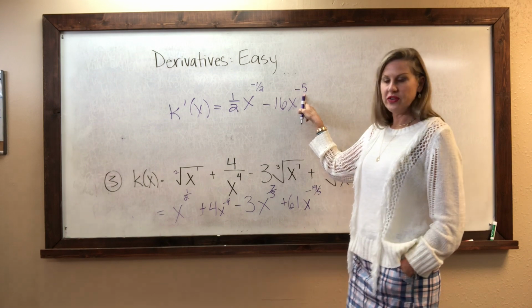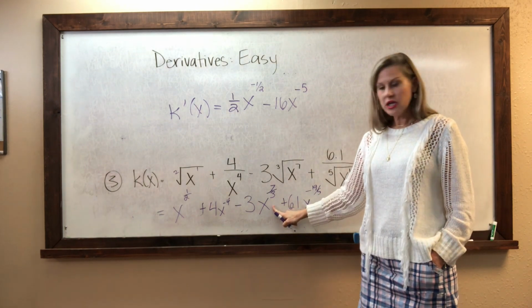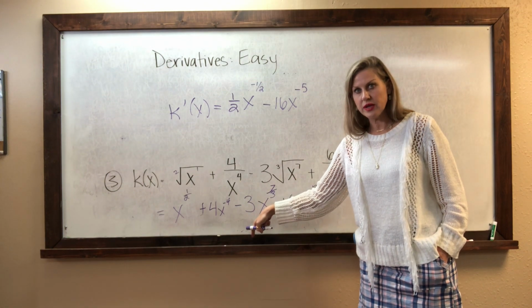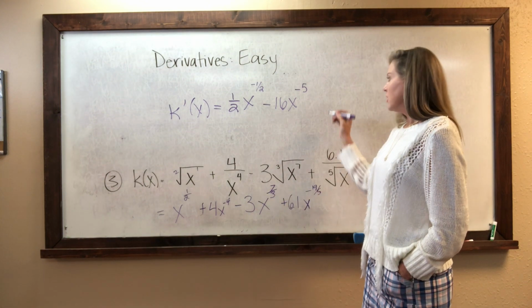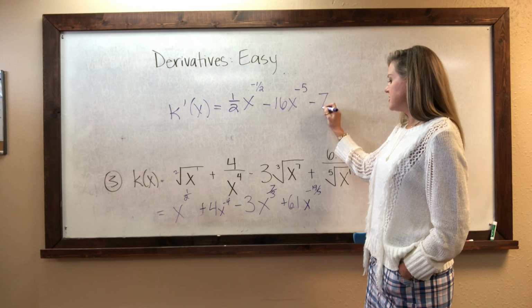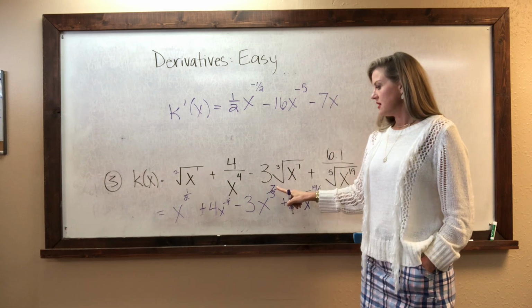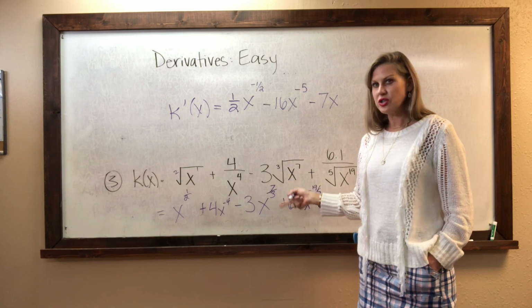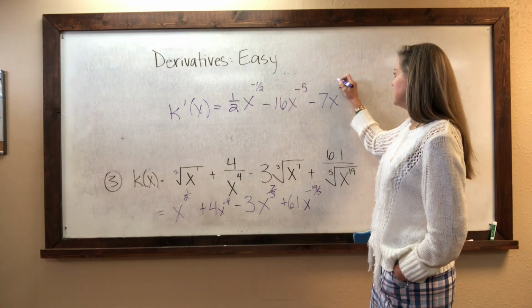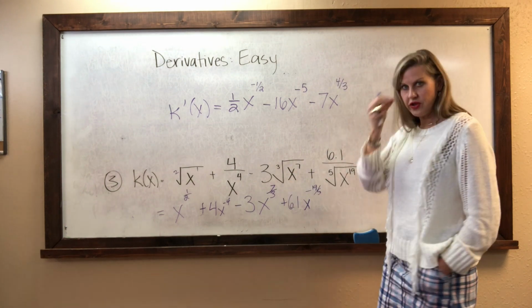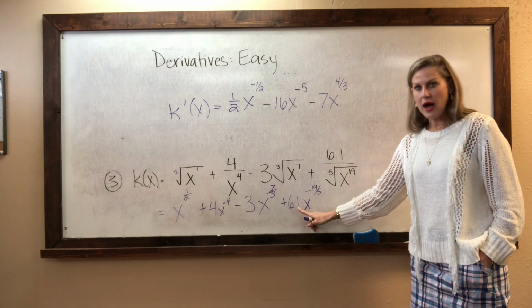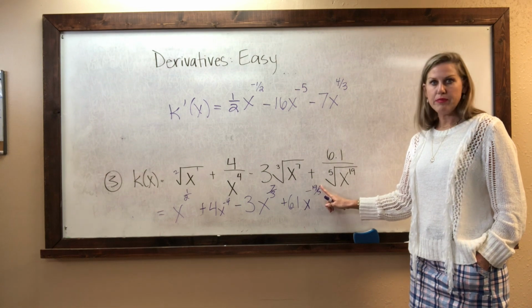Drop and flop. Here, 7/3 drops down and multiplies by the negative 3, which gives negative 7x. 7/3 minus 1, 7/3 minus 3/3 is 4/3. And here, I'm going to drop and flop.